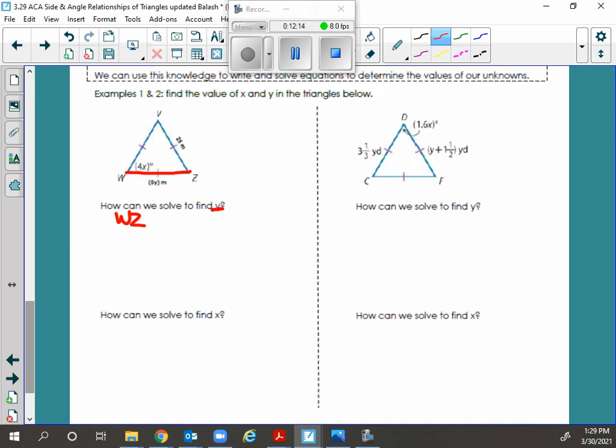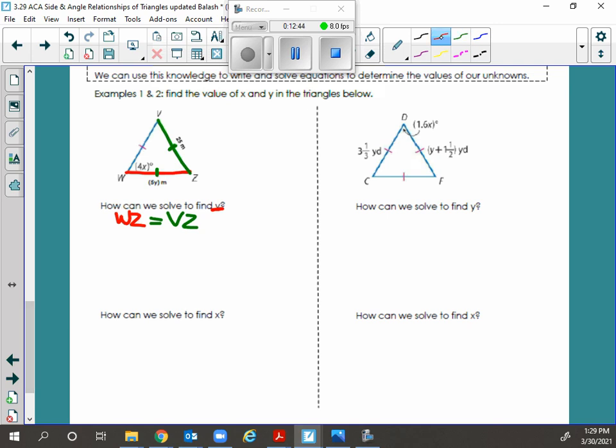Well, WV doesn't have anything labeled over it. We don't have any information, so that's not going to help us. But on side VZ, it does help us. These guys are the same length, but it's telling us that equals 25. So WZ is the same as VZ.